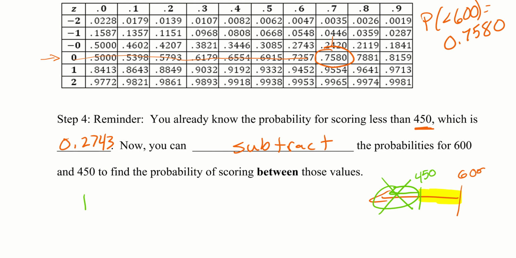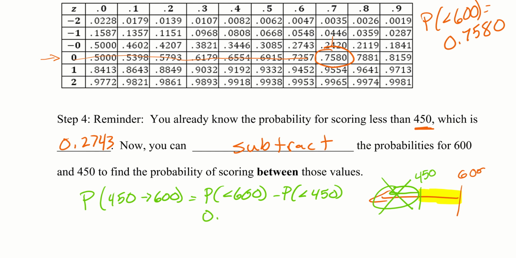So the probability that it's between a 450 and a 600 is we take the probability of less than 600 minus the probability of less than 450, which is going to be 0.7580 minus 0.2743.